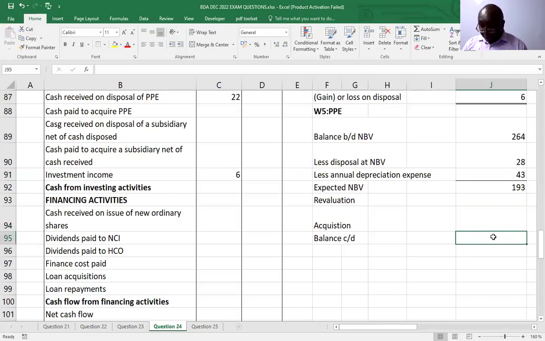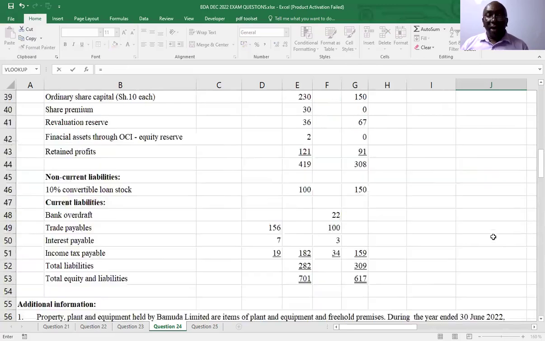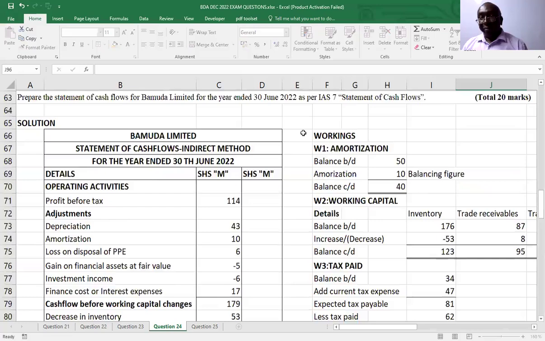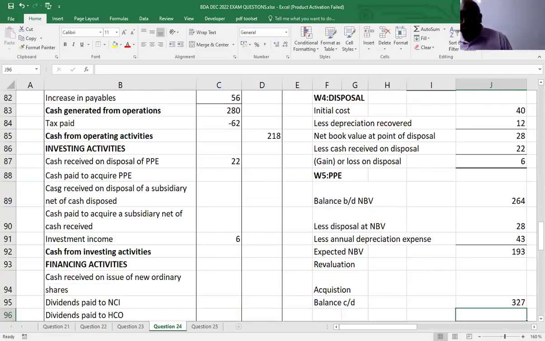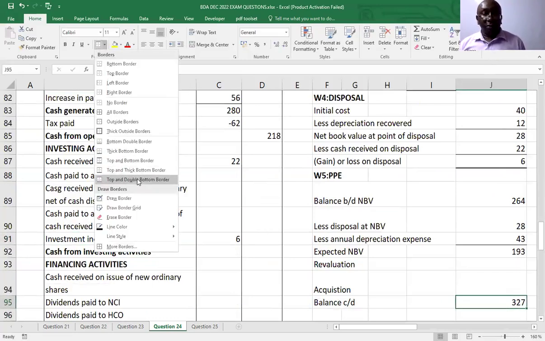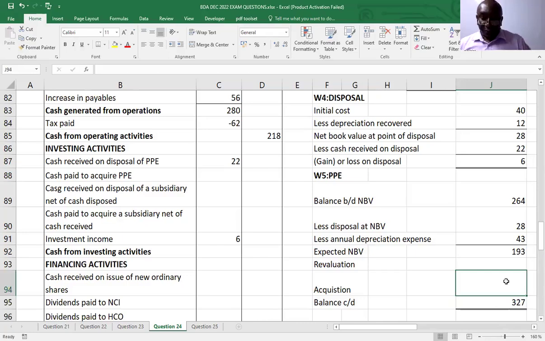But we can see clearly, if we bring the balance carried down, we added up with 327. So this one, we will give it a bottom double. Now, acquisition has not been mentioned anywhere.